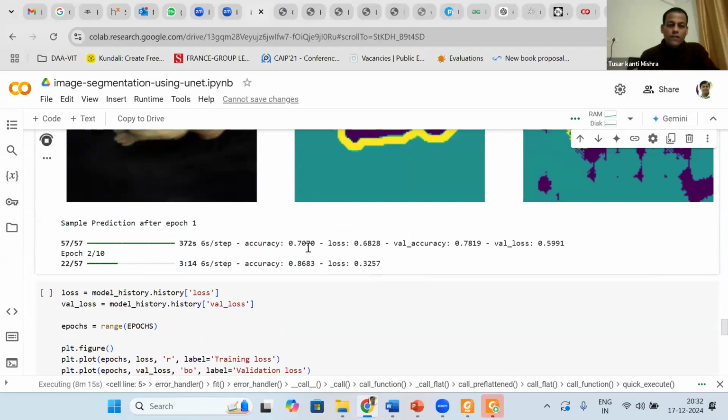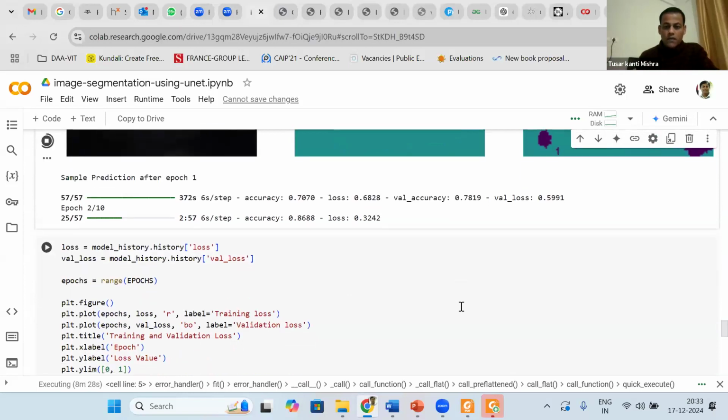Accuracy went up to 70%, and now in the second phase it is more than 86%. That is an achievable performance. It is getting trained efficiently, and it is predicting the objects in an input image.